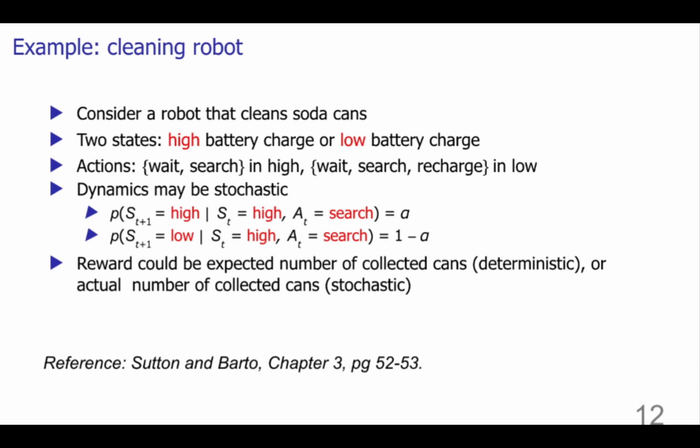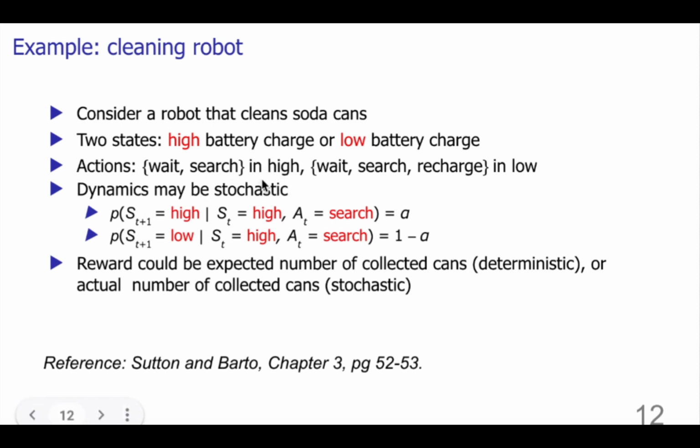Now let's see how we can build a Markov decision process or a Markov model for your reinforcement learning problem. Let's consider a robot that cleans soda cans. Assume it has two states from the battery perspective: high battery charge or low battery charge. There are three major actions in different states.